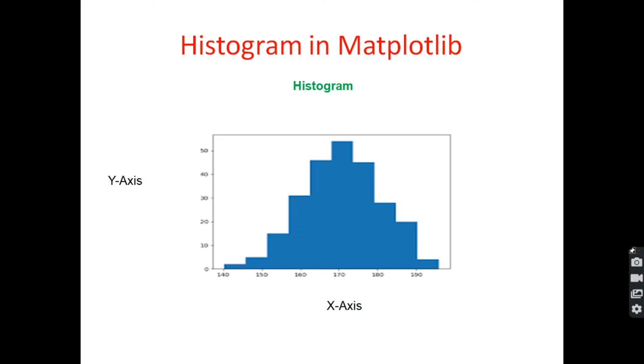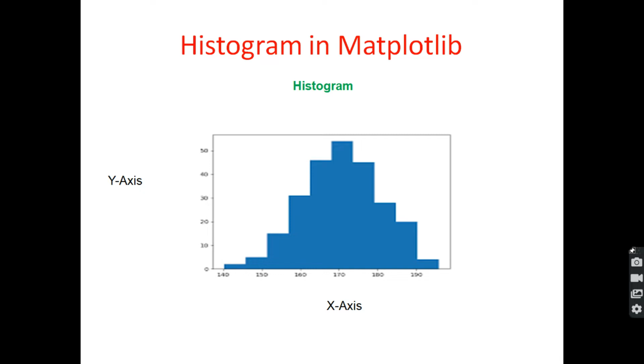Today we have to discuss histogram in the Matplotlib library in Python programming. Histogram is one type of chart that is available in the PyPlot module in the Matplotlib library.